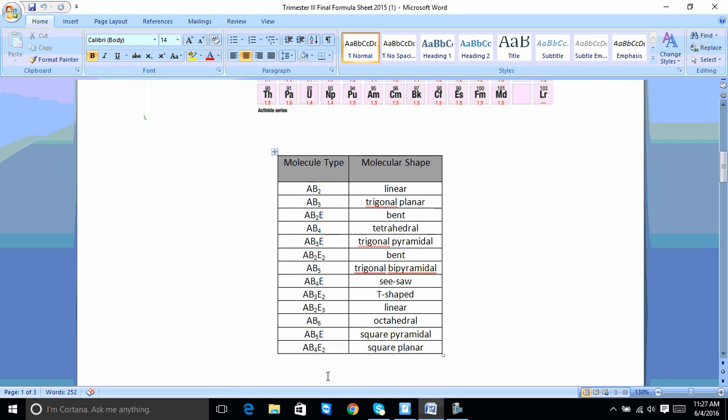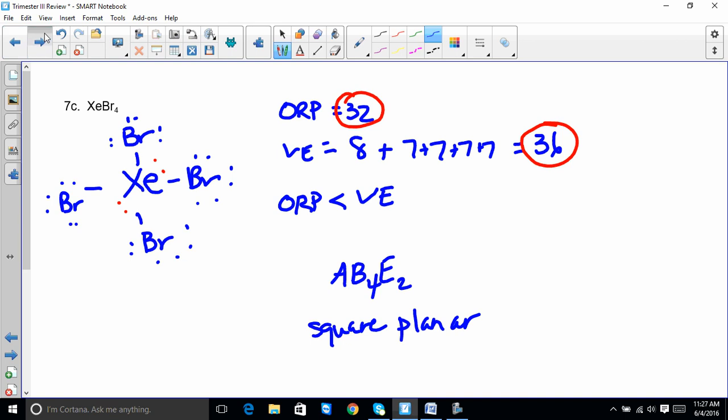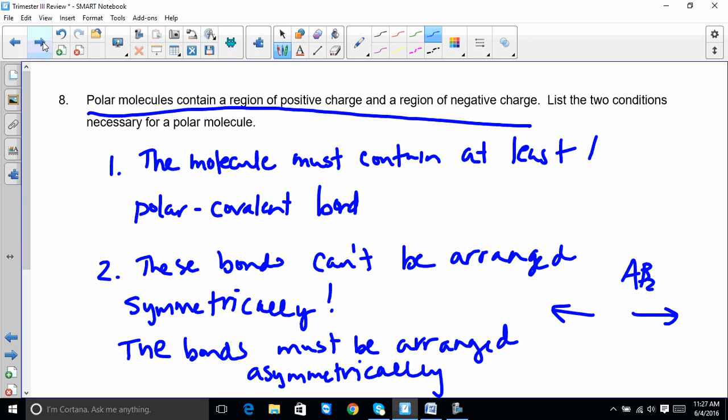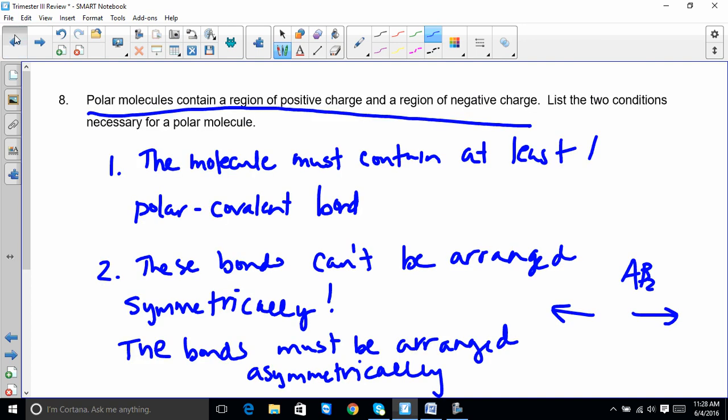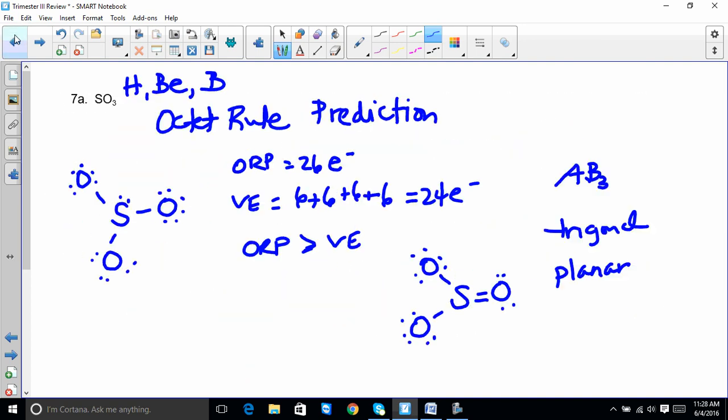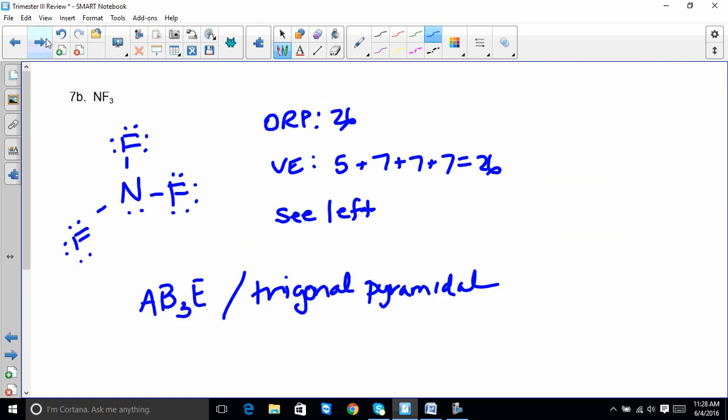So now, having said that, I'm trying to get you ready. Which molecules listed in question 7 are polar molecules? So here's the thing. Let me just go back. Not this. AB3 is on the symmetric list. This one is not polar.